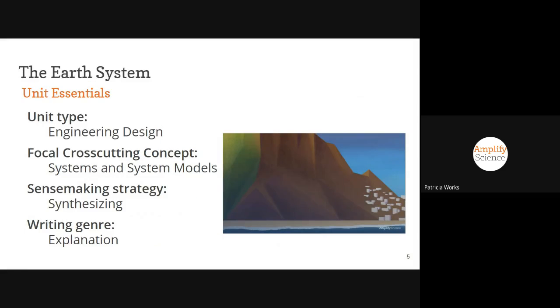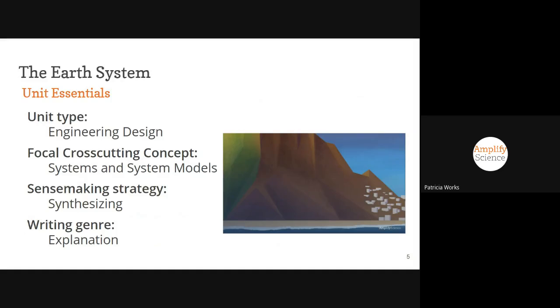This unit is an engineering design unit. In their role of water resource engineers, students particularly focus on developing skills with the science and engineering practices, developing and using models, planning and carrying out investigations, and constructing explanations and designing solutions.